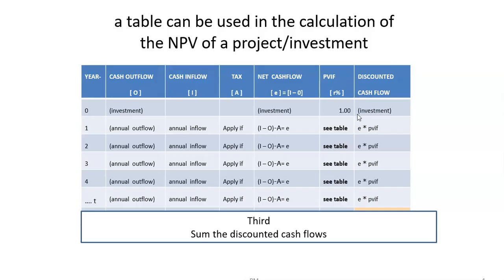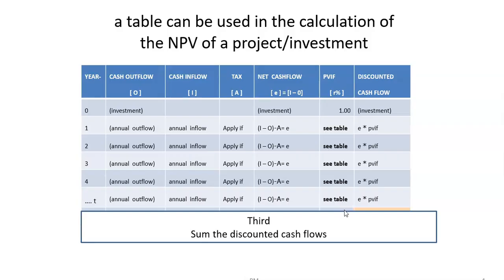So remember, anything raised to the power of 0 is 1. That's why you have 1 here. That's not going to change. So the investment in year 0 multiplied by 1 will still be the investment. It is the other things that will change. So this would be whatever interest rate you're using to the 1, and that would be itself. So you have to work with that all the way down to get out to t.